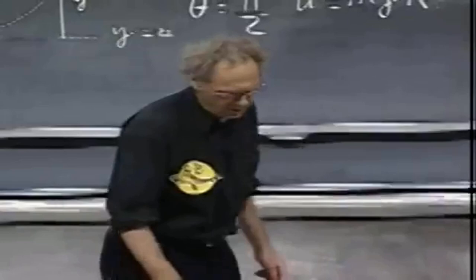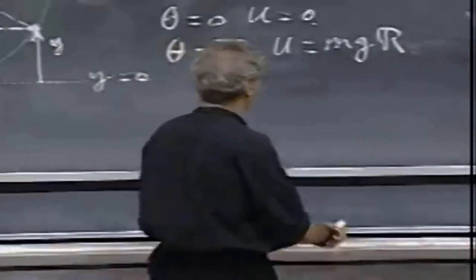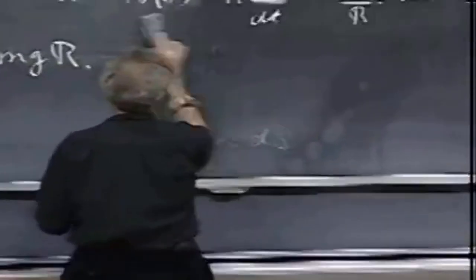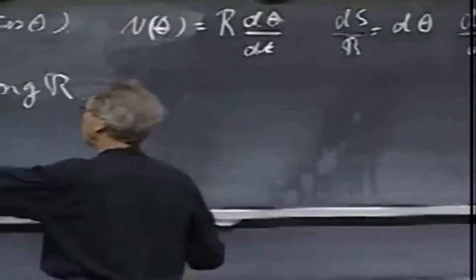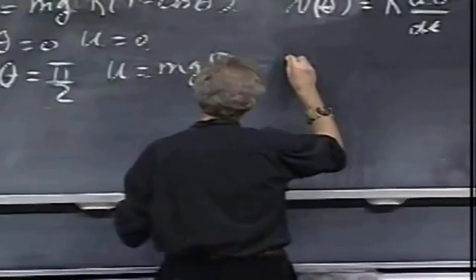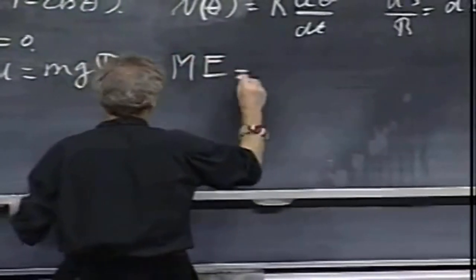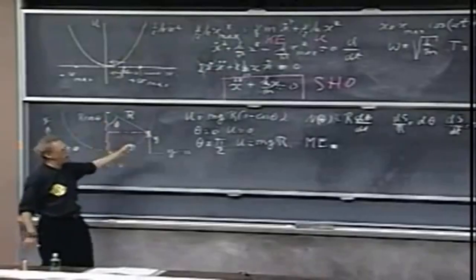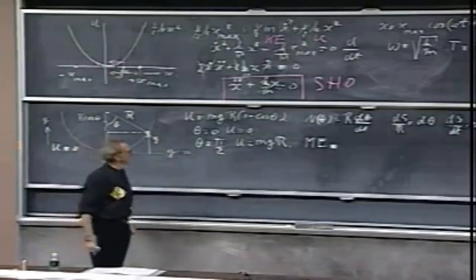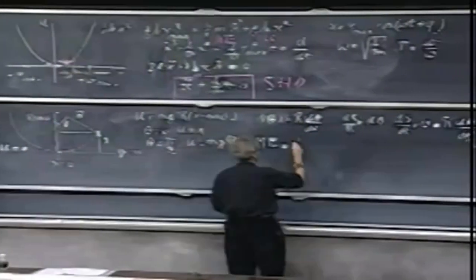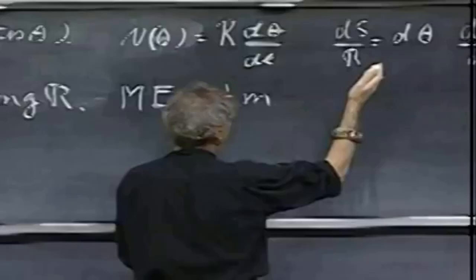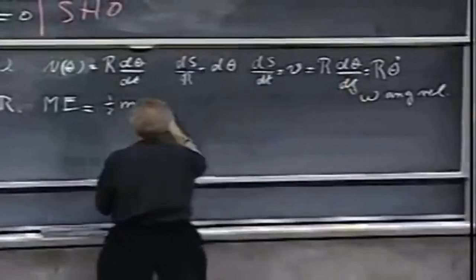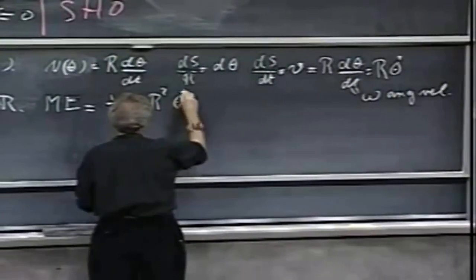So I can now apply the conservation of mechanical energy, because I know what the velocity is at any angle theta, and I know what the potential energy is. So let the total energy be just the mechanical energy, which depends on my initial conditions, wherever I start. Maybe I release it here with 0 speed, maybe I give it a little speed. It is a number. It is a constant. So that is going to be 1/2 mv squared at a random angle theta, and this is v, so that is r squared times theta dot squared.